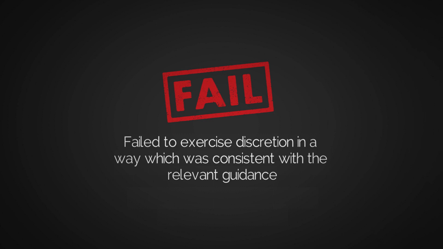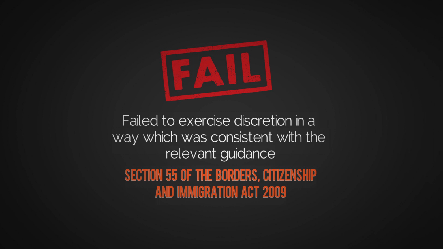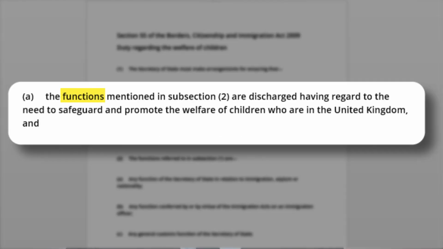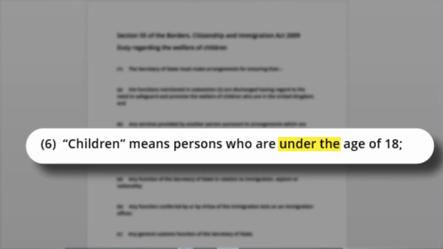where the rights of children are engaged, you can rely on Section 55 of the Borders, Citizenship and Immigration Act 2009. This states that the Secretary of State must make arrangements for ensuring that certain functions are carried out, having regard to the need to safeguard and promote the welfare of children who are in the United Kingdom. Children just means persons. It's defined as persons who are under the age of 18.